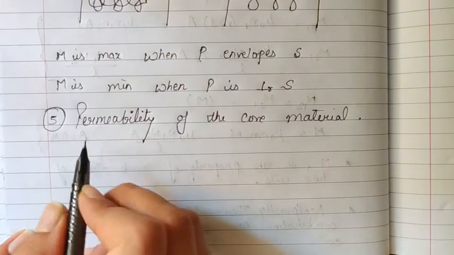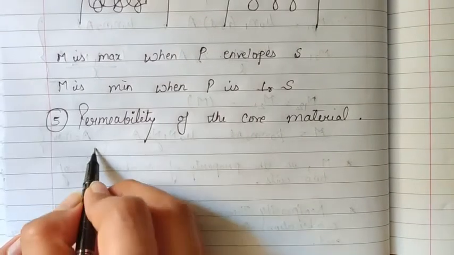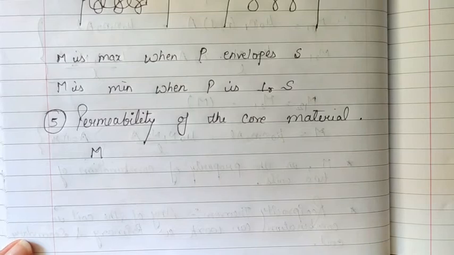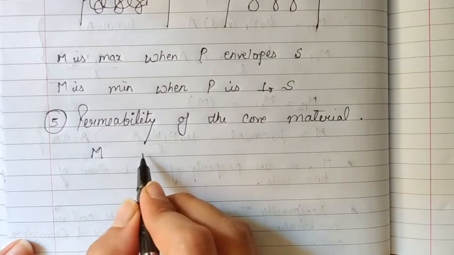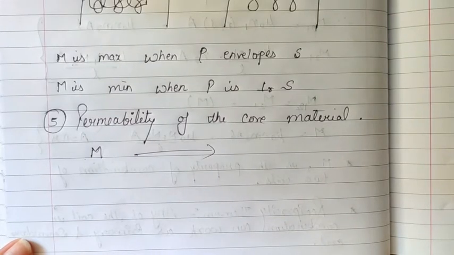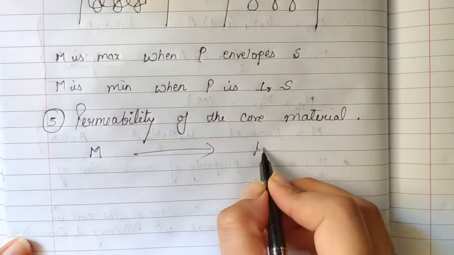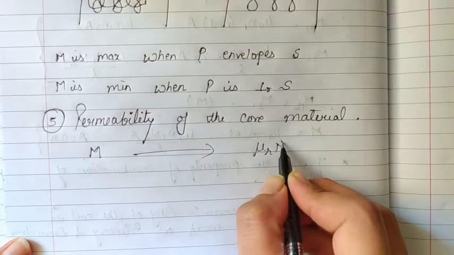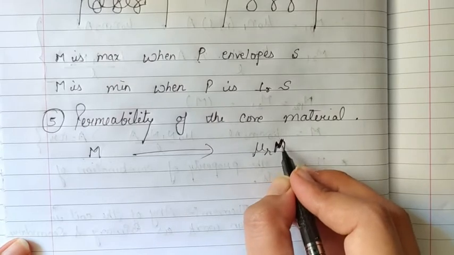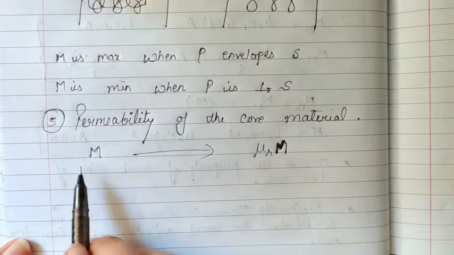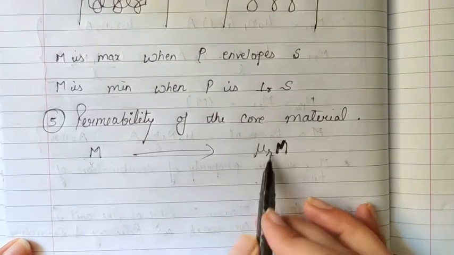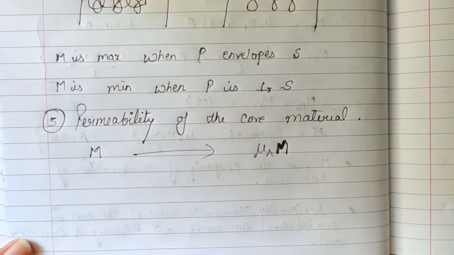Means initially we have two coils having some value of M. I am considering its mutual inductance is capital M for any two coils. Now if I wound those two coils over an iron core with permeability mu r, then the new value will be mu r into M. That means the permeability of the core material also affects the value of M, and it simply becomes mu r times of the older value of M, right?